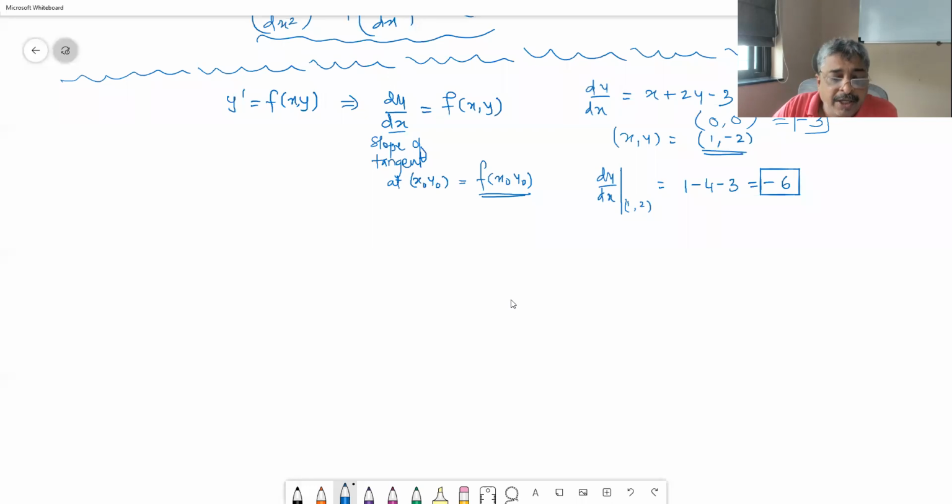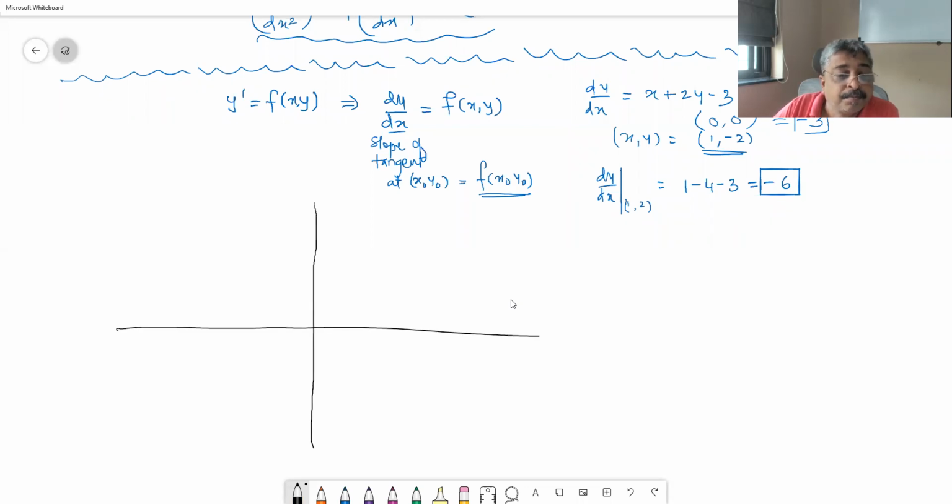Therefore, using this information, I can always plot. Suppose geometrically I have the x-axis and y-axis with me. If I take 1 comma minus 2, it was here, and I was given that the slope comes out to be minus 6.